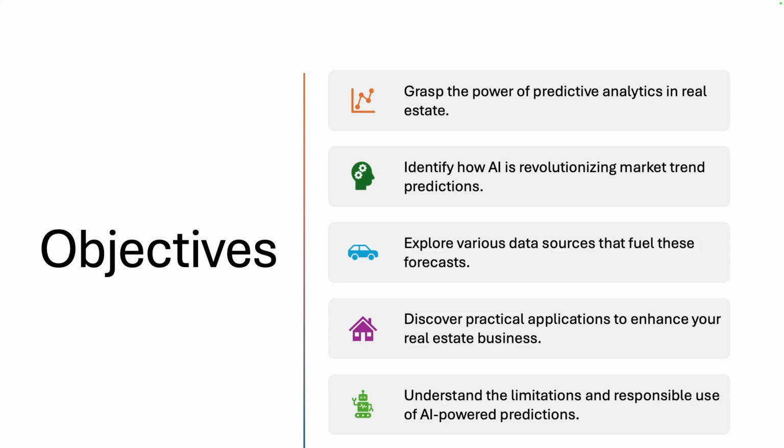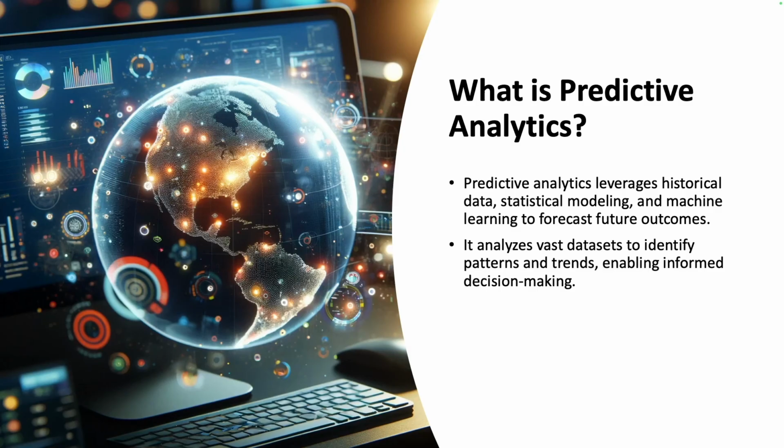We're trying to forecast using various data sources, public data sources and private data sources. We'll specify what the common data sources are and have a look at them. And discover practical applications to enhance your real estate business and understand the limitations and responsible use of AI-powered predictions.